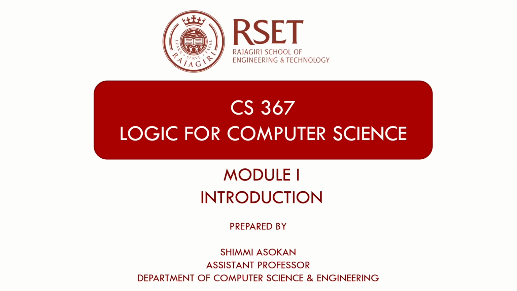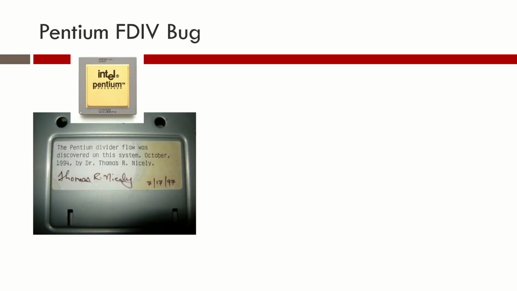So before we move on to the contents of the course, we will actually see why you need to learn this particular course. So we will begin with certain bugs that have occurred in the industry. Like, you might have heard about the Pentium FDIV bug.